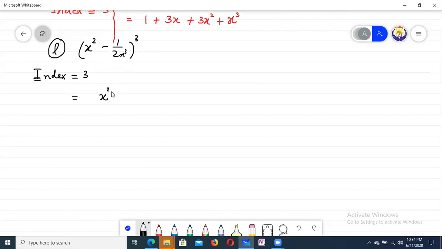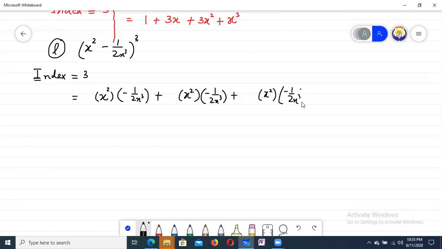Here is x square into minus 1 divided by 2x cube, plus again x square into minus 1 divided by 2x cube, plus again x square into minus 1 divided by 2x cube.